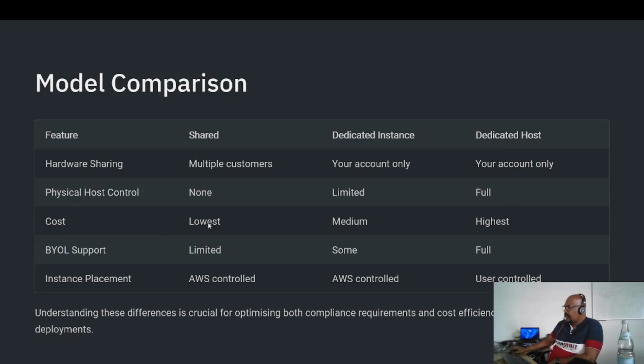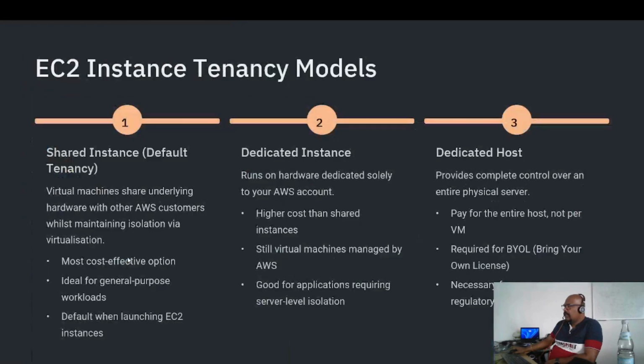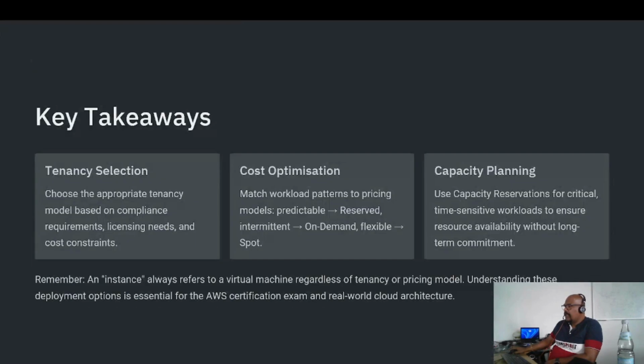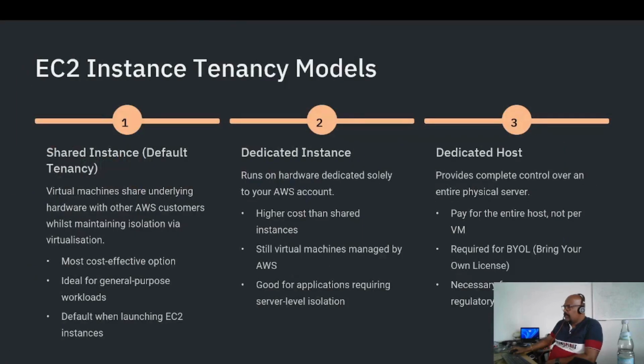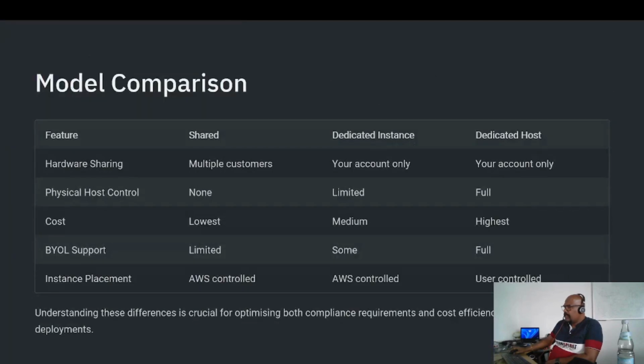Cost-wise, the shared instance is very low cost, the dedicated instance is medium, and the dedicated host is very high cost. In the case of bring your own license support, shared is limited.